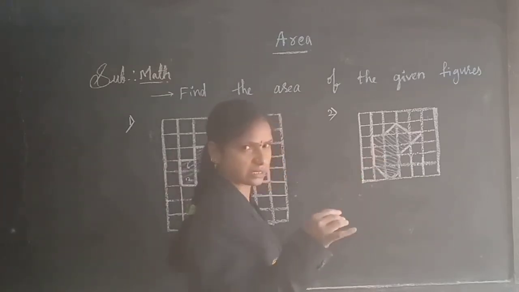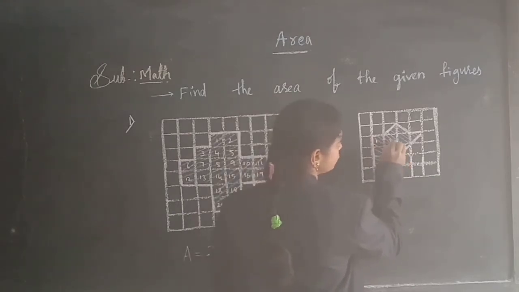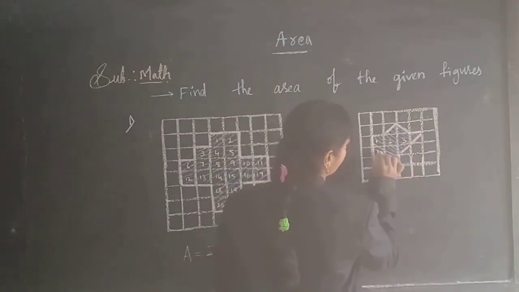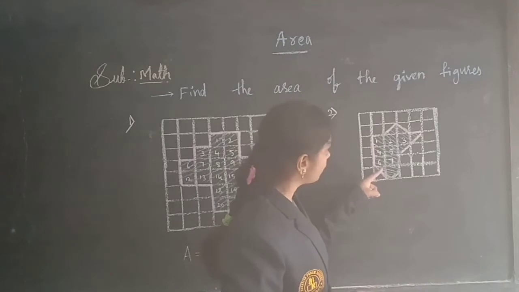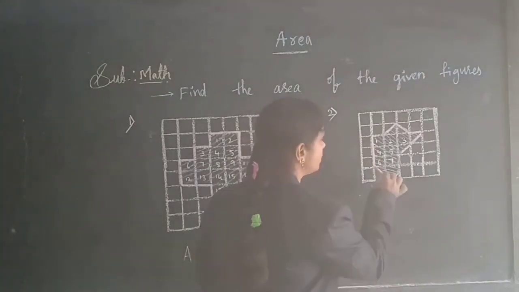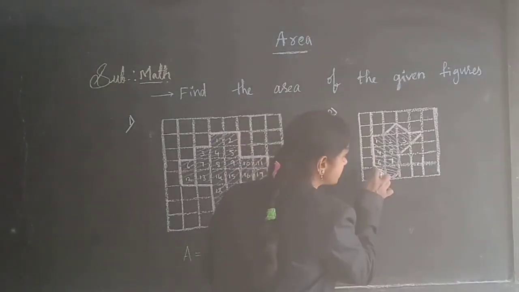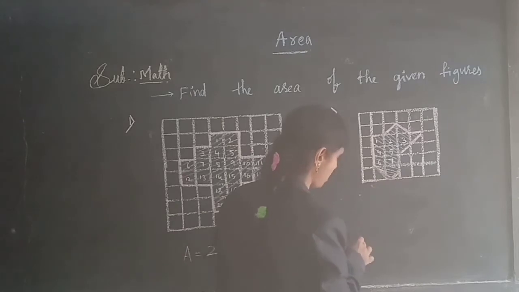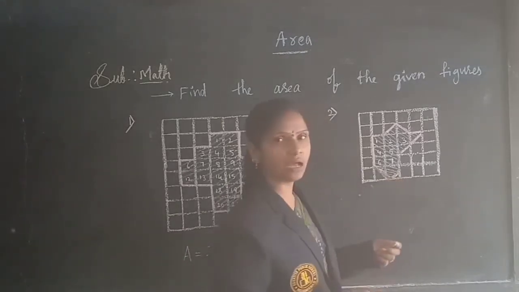First, the full boxes which are fully covered squares. Now 1, 2, 3, 4, 5, 6, 7. This one I am not counting, children. Why? Because it is covered less than half. This one also I am not counting, because this region is less than half. Now coming to this, it is more than half, children.